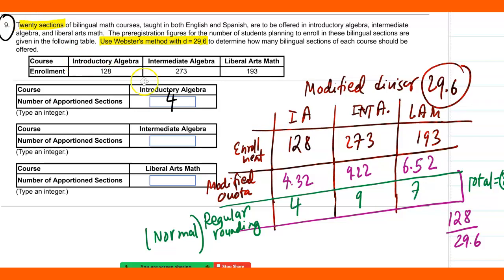Intermediate algebra, 9 sections are offered. Liberal arts math, 7 sections are offered. And you see the total number of sections offered is obviously 9 plus 4 plus 7, 20 sections. That's final apportion using Webster method.